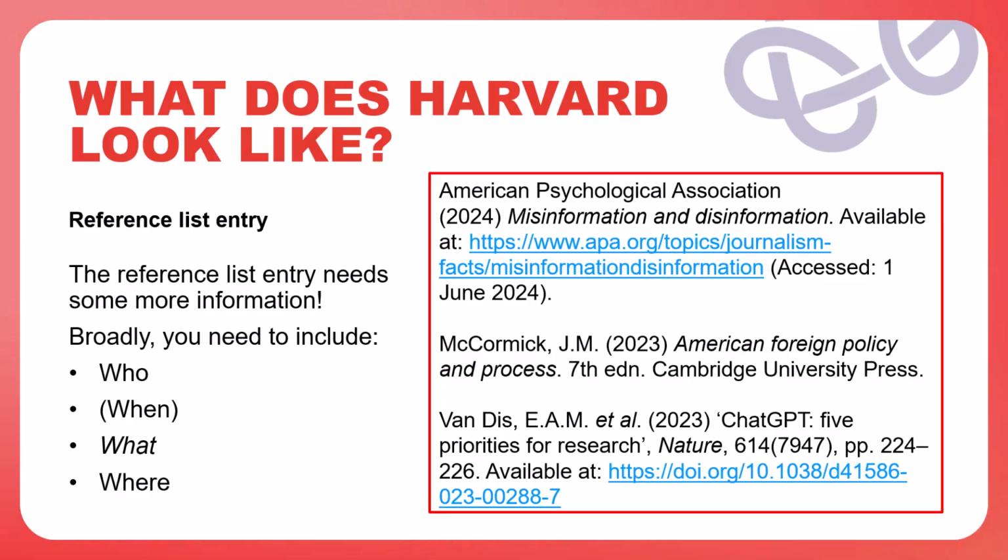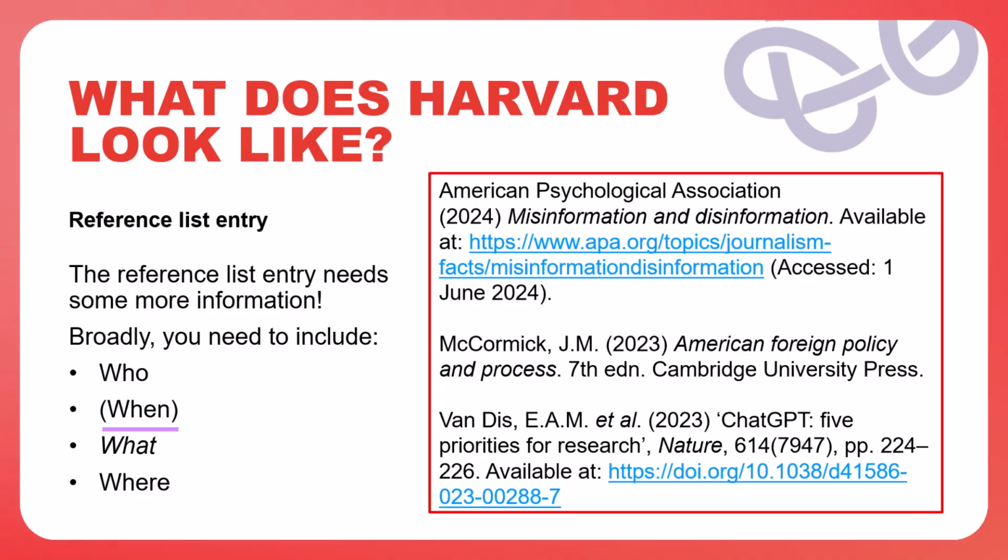We've got 3 sources. They all start with who wrote it. The American Psychological Association is the author of the first source. McCormick J.M. is the author of the second source. Van D. E.A.M. et al. is our authors in the third. Et al. means that there's 4 or more authors in that author team.